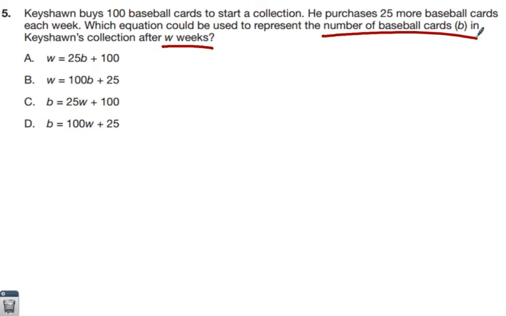So I would think, let me just double check, that this equation makes sense when you read it as: number of baseball cards total will equal 25 cards times the number of weeks which have gone by, plus the 100 we started out with. All right? 25 cards per week times the number of weeks. This gets you a total number of cards, and then you have to tack it on to the 100 that we started with. So, yep, I'm going with C.